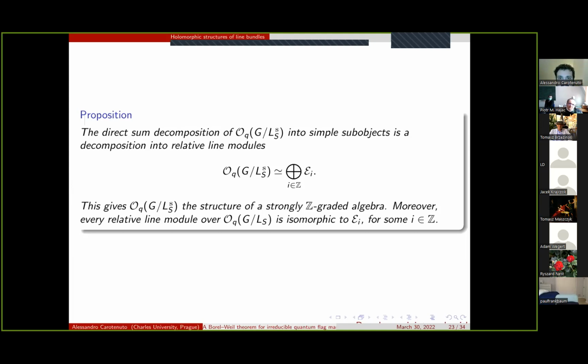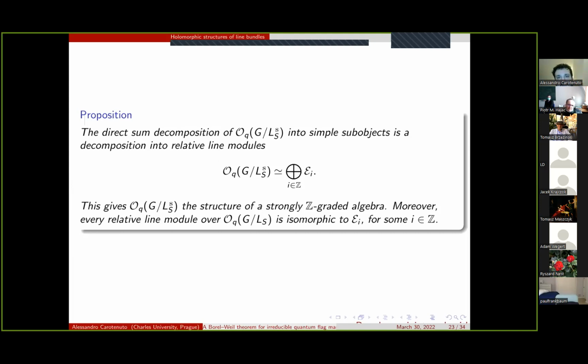When this happens, I am left with a space which is invariant solely with respect to the action of a certain torus. And this space in fact corresponds with the entire group for O_q(G/L_S^S). And I got something below which is known as the full flag manifold.